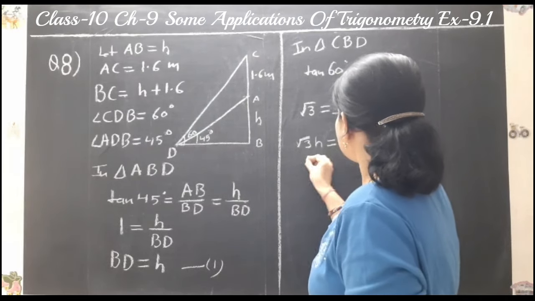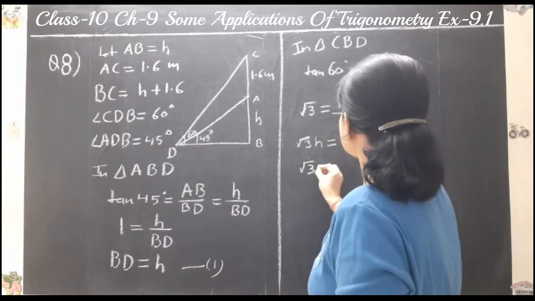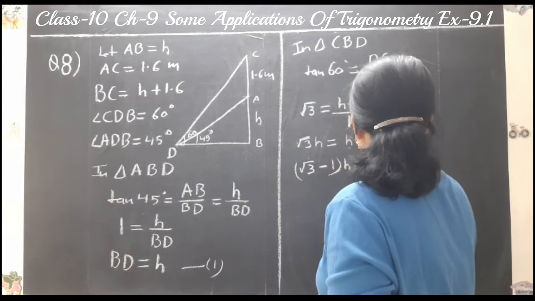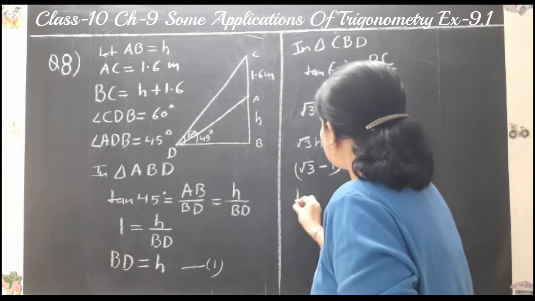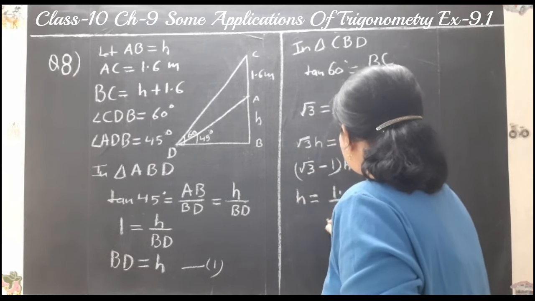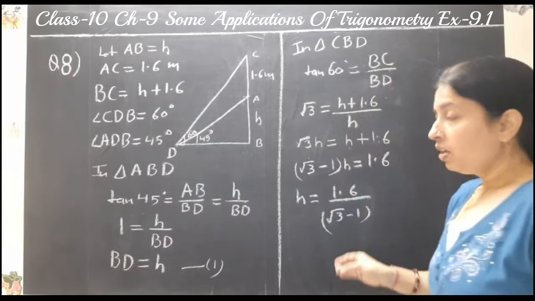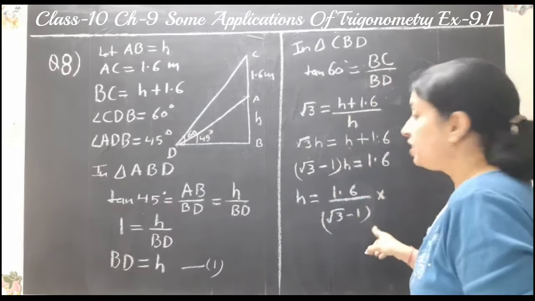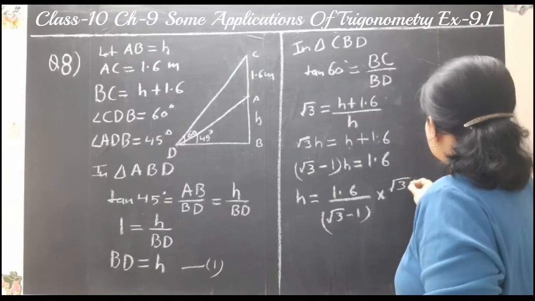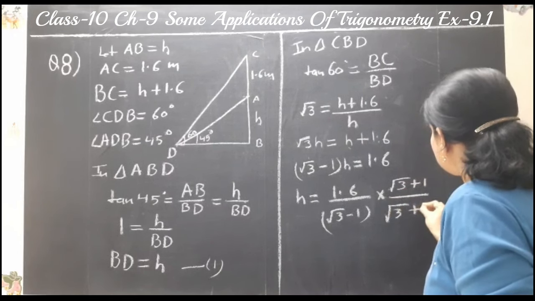So take this h this side. So it will be (√3 minus 1) into h is equal to 1.6. So h will be 1.6 divided by (√3 minus 1). Now make this in standard form. So we have to multiply by the conjugate √3 plus 1 and also divide by √3 plus 1.